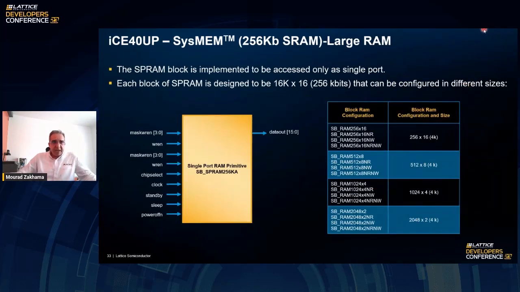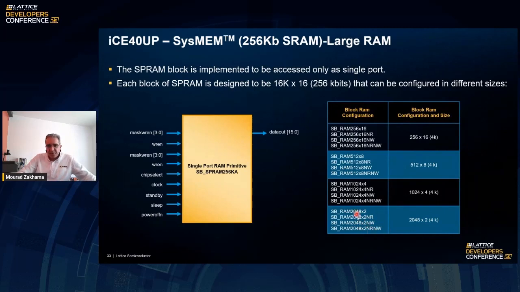So the large RAM, or these embedded blocks of RAM that are available in the iCE40, are 256 kilobit each, and they are configured as 16K by 16, but you could change this configuration to different modes: 256 by 16, 512 by 8, 1024 by 4, and 2048 by 2, depending on the configuration.